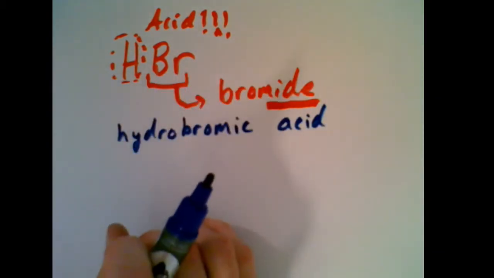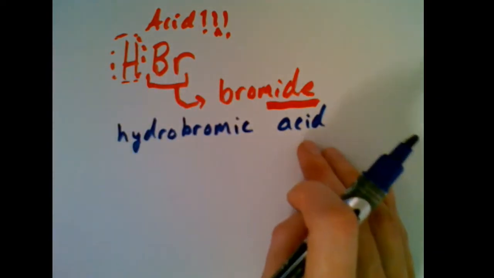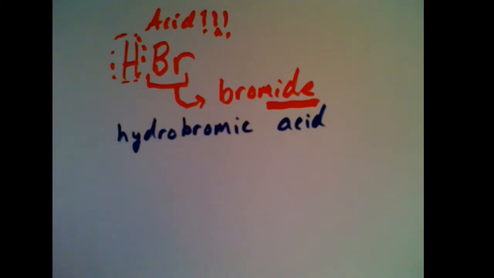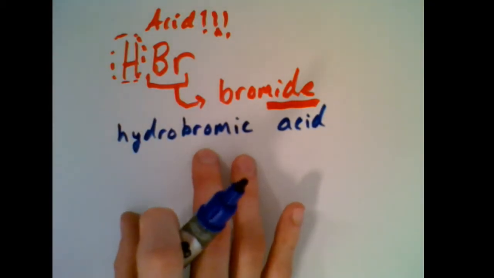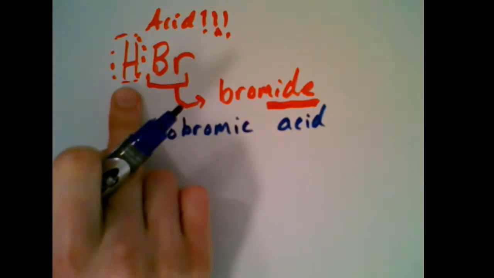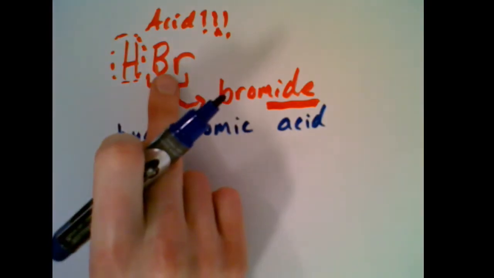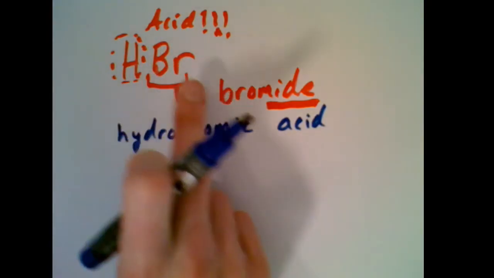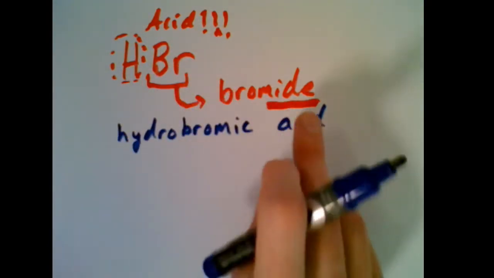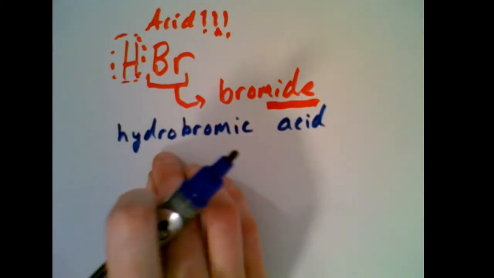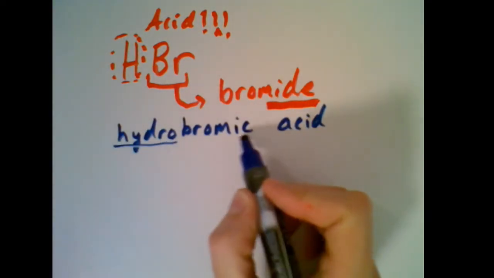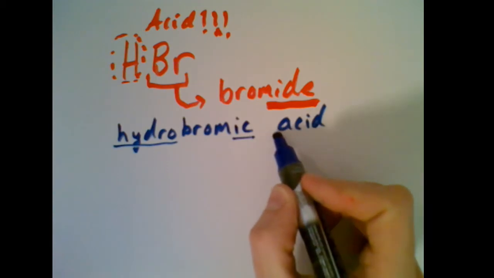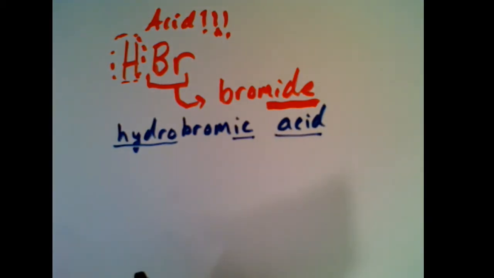So HBr is actually hydrobromic acid. So this is how we would go about naming it. Recognize it's an acid with the H in front, look up the negative part and what its name ends with, and if it ends with IDE, we add hydro, change the ending to ic, and add the word acid.